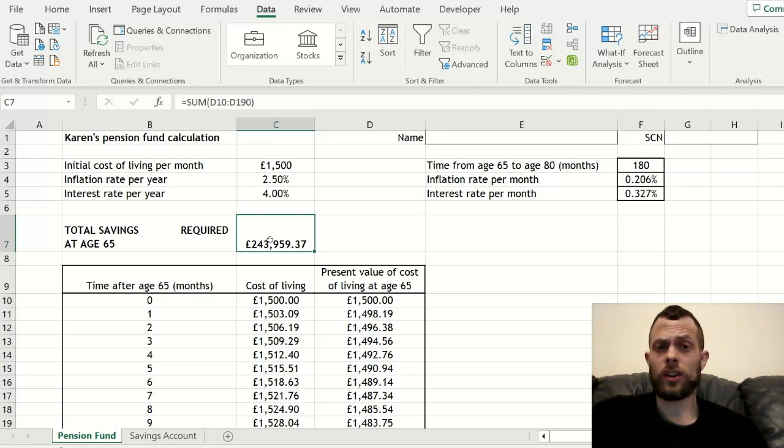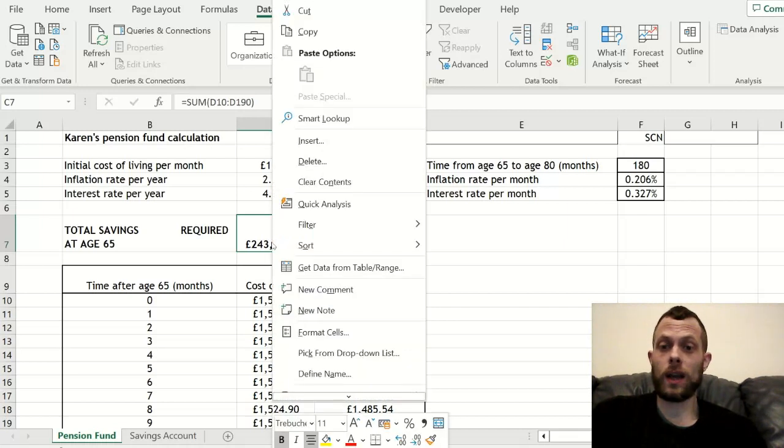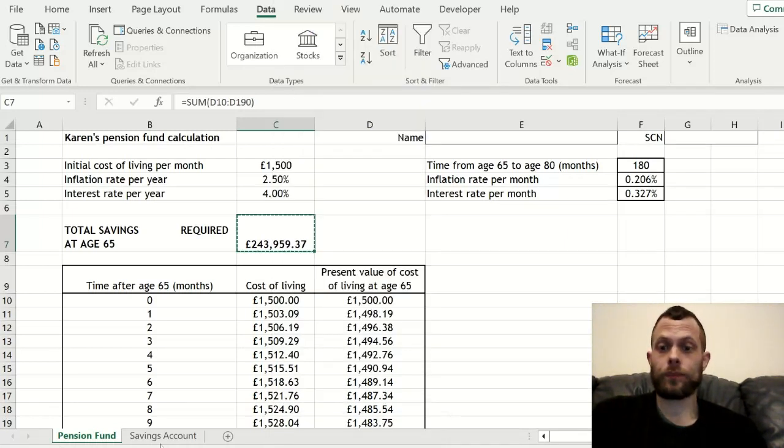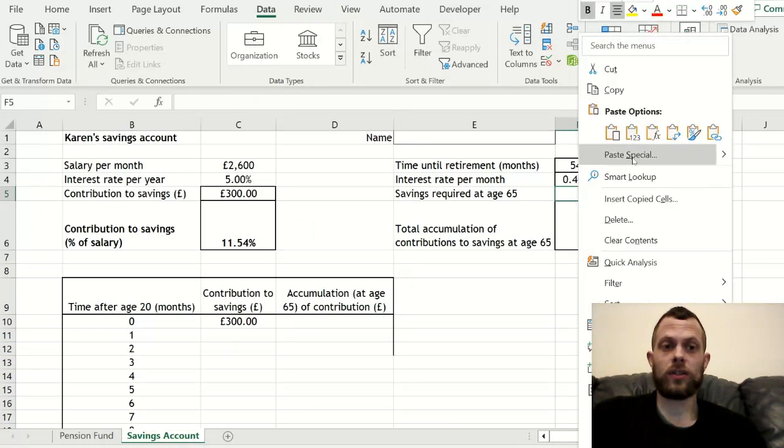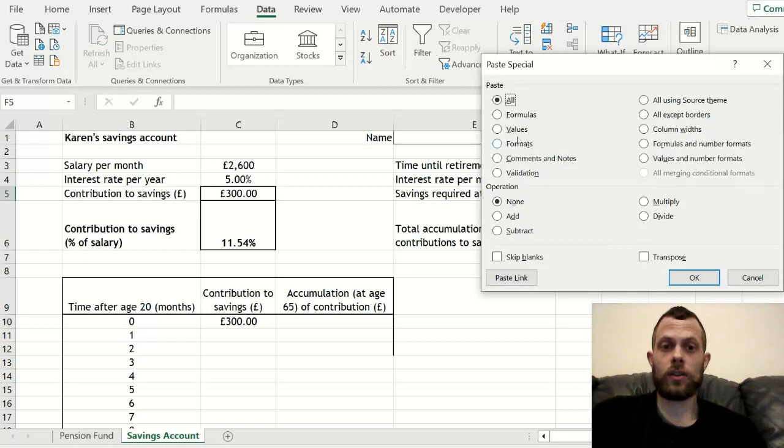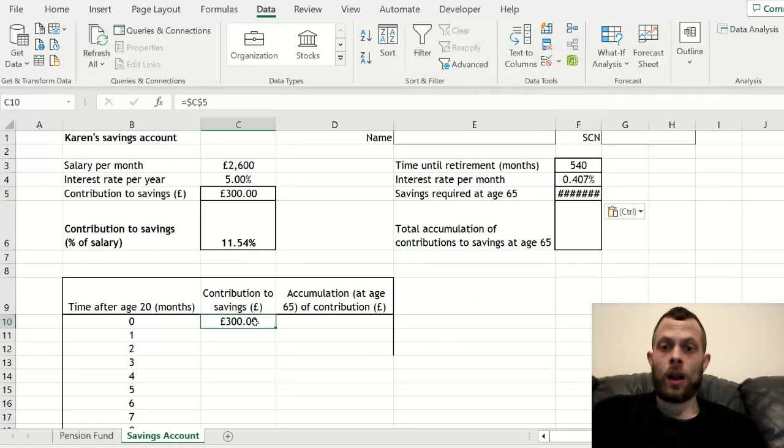So you could do this just by typing in 243,959.37, or another way of doing it is to copy, and when you paste, do a special type of paste. So paste special, and then check the values box, paste values. And you can see that there's not quite enough space for the number, and it's displayed it all as hashes. I'll fix that in a moment.